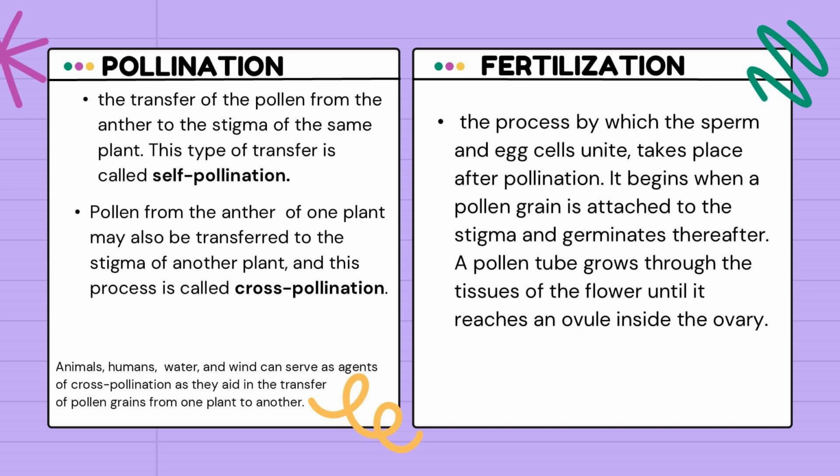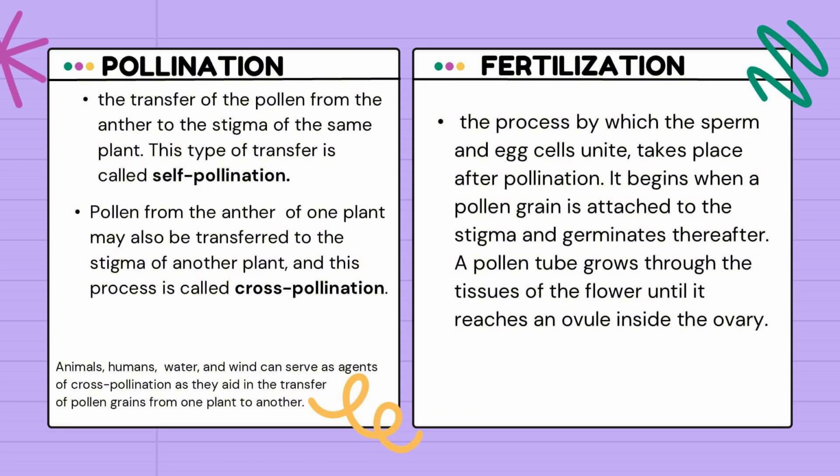While, when we say cross-pollination, kailangan natin ng animal agent para mangyari ang pollination. Okay, so ngayon alam mo na kung paano nangyayari ang pollination. Ang tanong, once na makapasok si pollen grains sa loob ng ovary, ano na ang nangyayari?